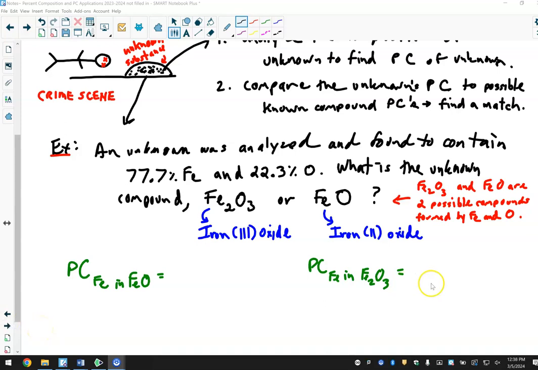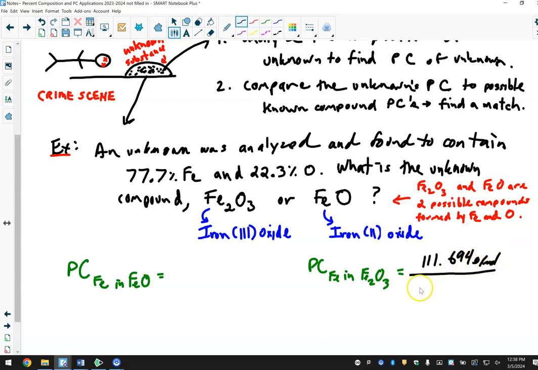All right, for my percent composition, let's do iron 3 oxide first. What's my numerator? What's the mass contribution of iron in iron 3 oxide? 111.694 grams per mole.